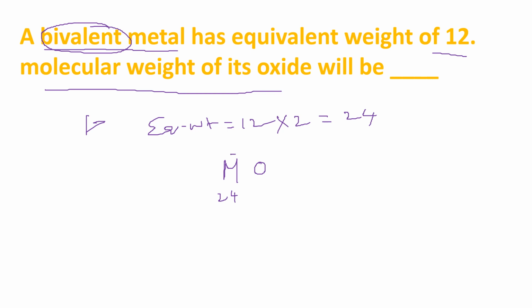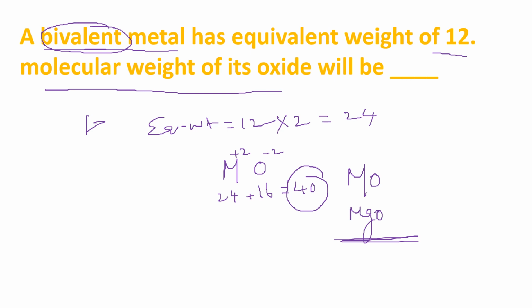Then here divalent means plus 2, and automatically the oxide means minus 2. 24, and automatically this one is 16, you know. So here you will get 40. The molecular weight of the metallic oxide, that is indirectly MO, is nothing but MgO, that is magnesium oxide.